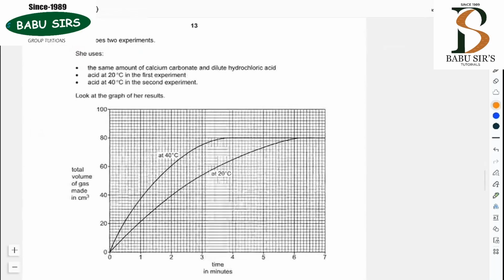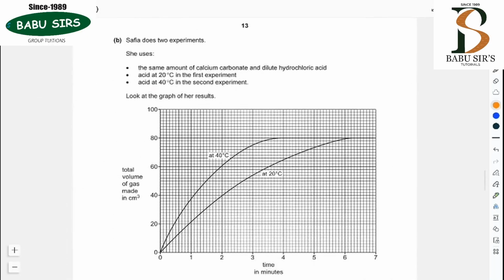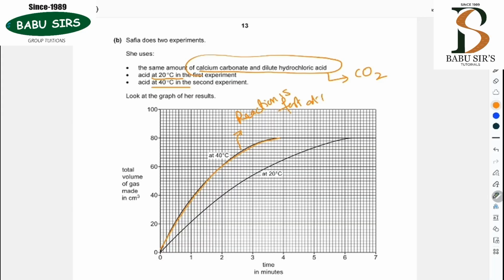Cephia does 2 experiments. Now that means she is doing the same experiment, calcium carbonate and hydrochloric acid, and what will be produced? CO2. So first she is using 20 degrees and second she is using 40 degrees. So when she uses 40, you can see the curve is steep. That means the reaction is fast at 40 degree.